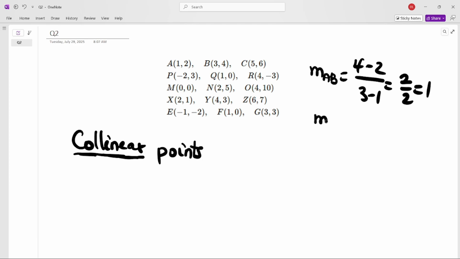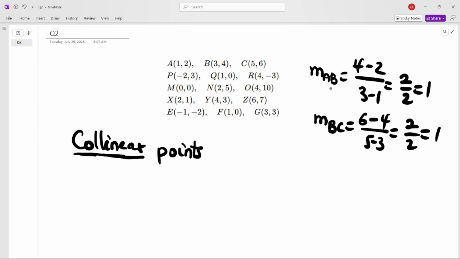Which one should we do, AC or BC? BC. Yeah. So let's do BC. That will give me 6 minus 4 all over 5 minus 3. 6 minus 4 gives me 2, 5 minus 3 gives me 2, also 1.